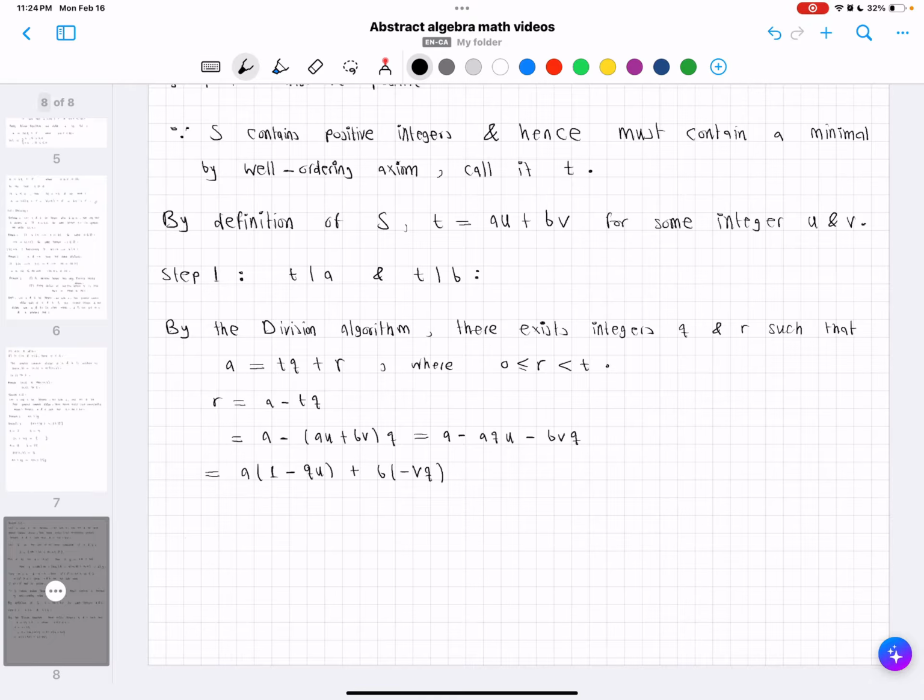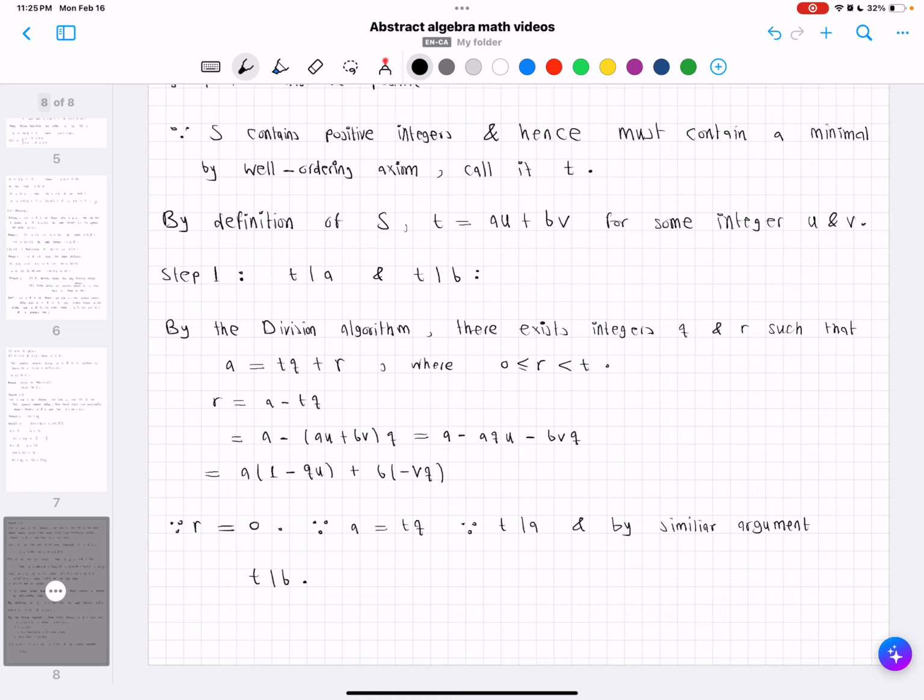Therefore r must be equal to 0. So a is a multiple of T, so T divides a, and by an analogous argument, T divides b.